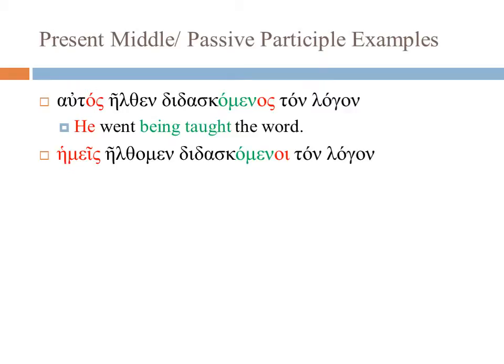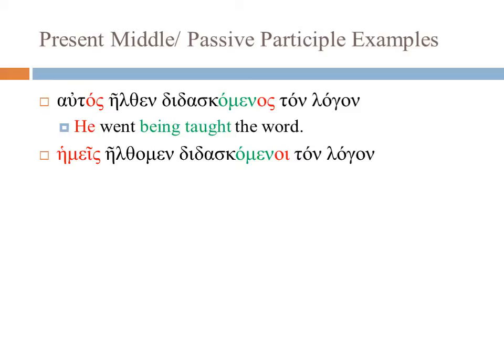Chemes elthomen didaskamenoi tan logon. Now this is interesting because we look at the participle didaskamenoi and we see that it is plural and that it is masculine nominative. So we go out looking for a plural masculine nominative noun or pronoun. And we found out there isn't one.